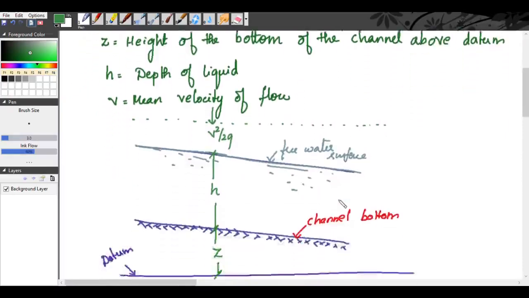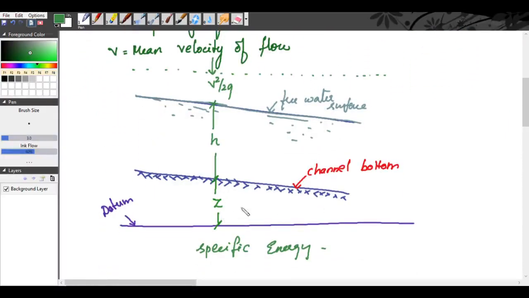Now, if the channel bottom is taken as the datum, then Z becomes 0. If Z becomes 0, our total energy will be equal to H plus V square by 2G.